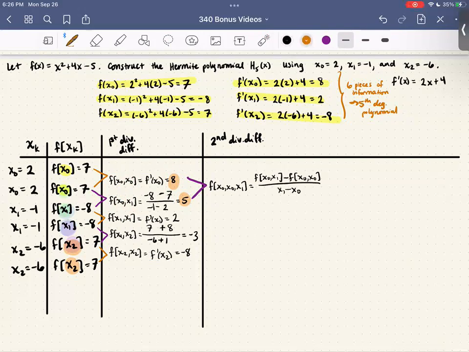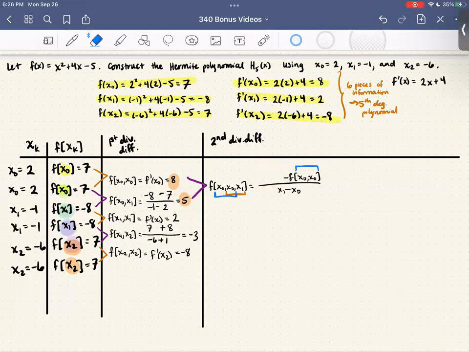I want to point out that this first divided difference term in the numerator incorporates the last few terms in this expression. So you skip the first term, use the last ones, and then you subtract where you use the first couple terms and you skip this last one. So notice I have x0 here. Okay, and if I replace all these values, I'm going to replace this divided difference with the value I computed.